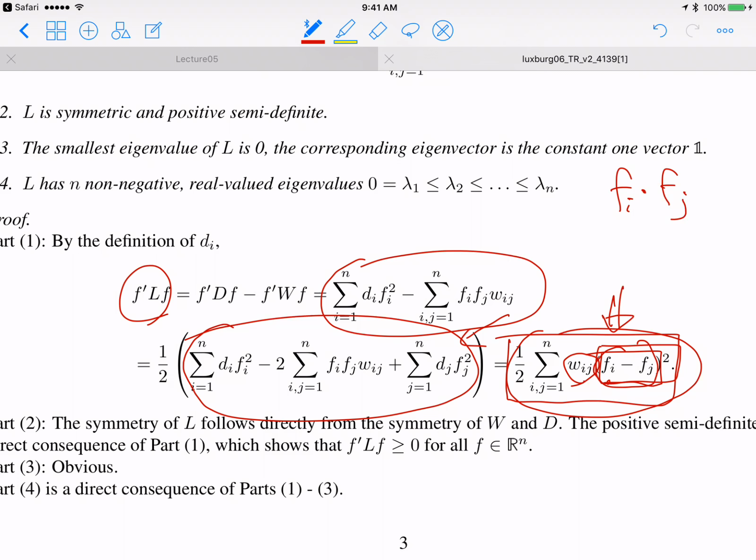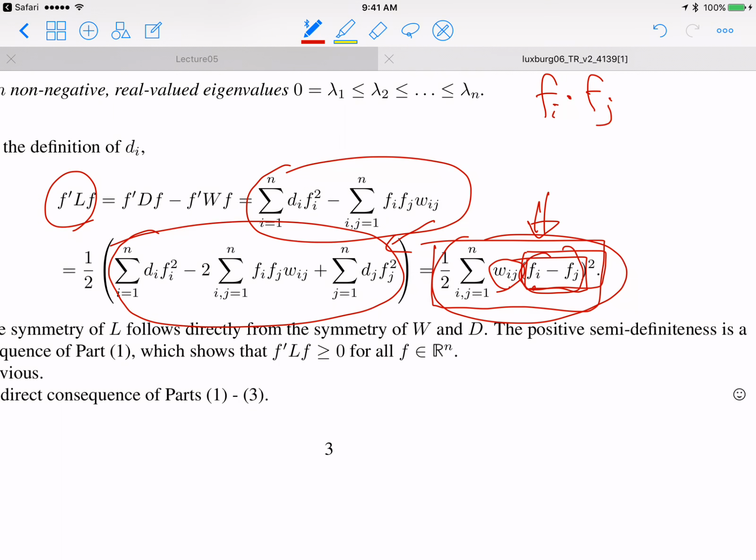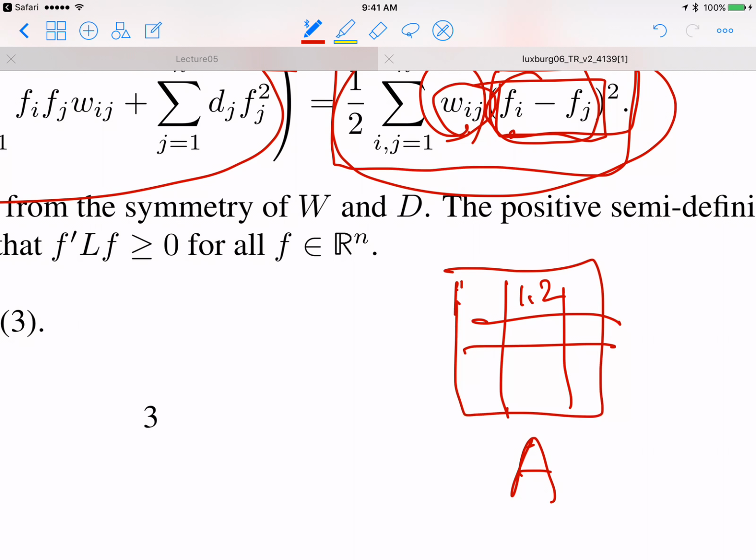So we consider the W, which is our adjacency matrix, and this value was 1.2, and this value was 0.1.